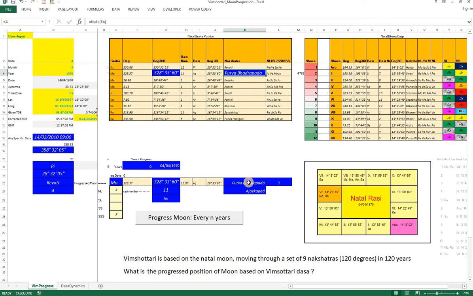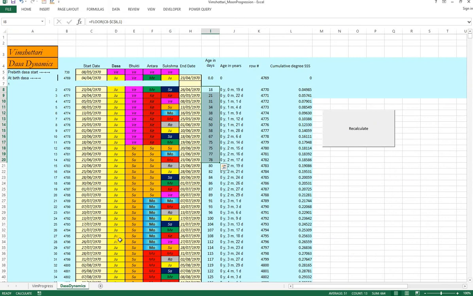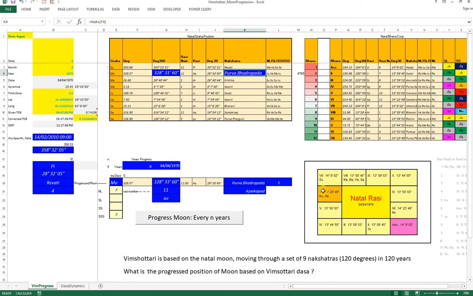So from Purva Bhadrapada, he starts with the Jupiter Dasha, as I told you, and over time he gets into the next Dasha, which is ruled by Saturn, which essentially is the moon progressing from Purva Bhadrapada to Uttara Bhadrapada, then Revati, then Ashwini, Bharani, Kartika, and all that.